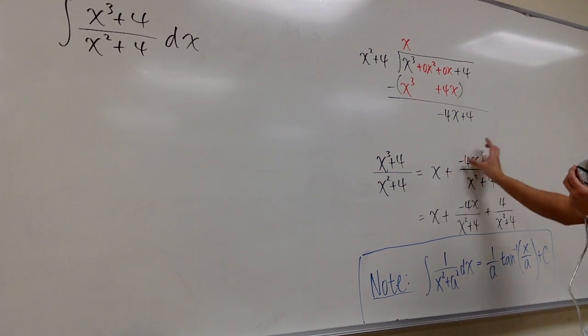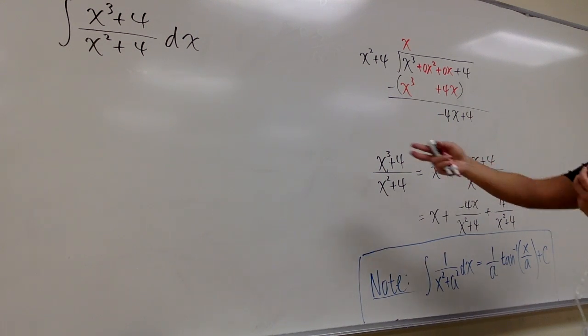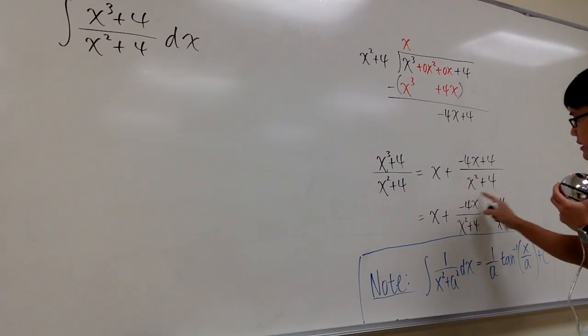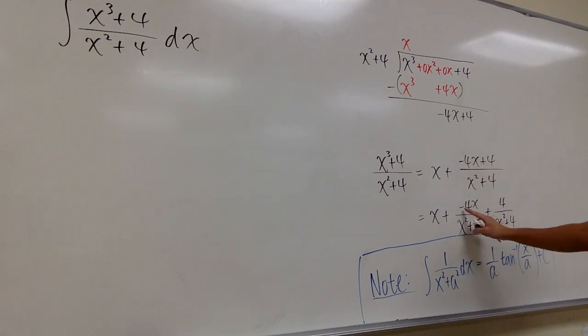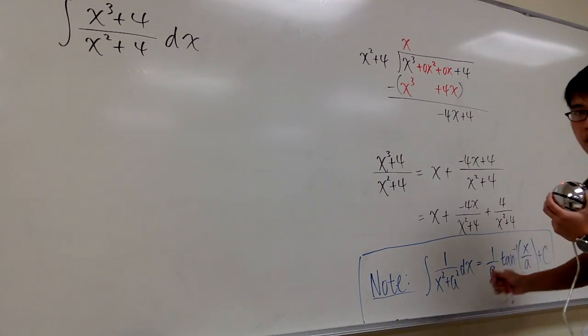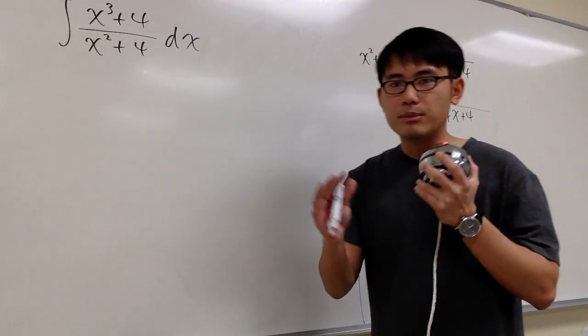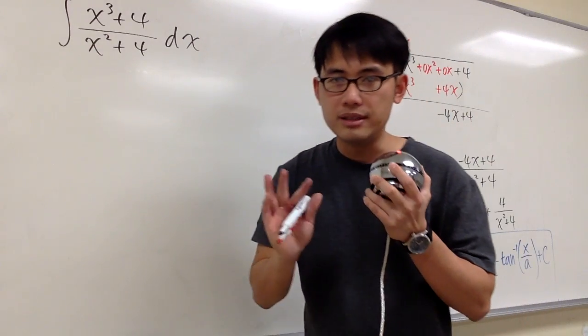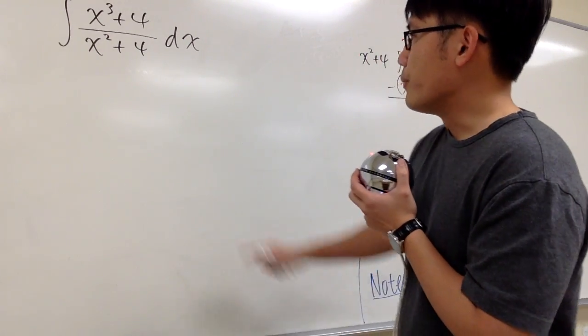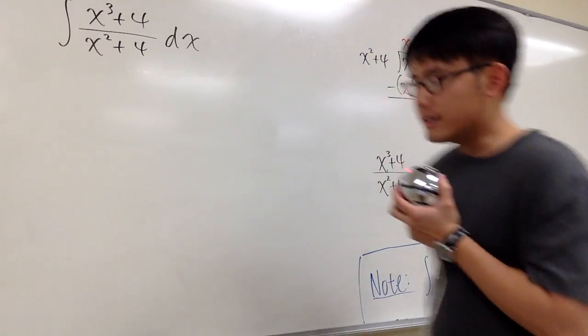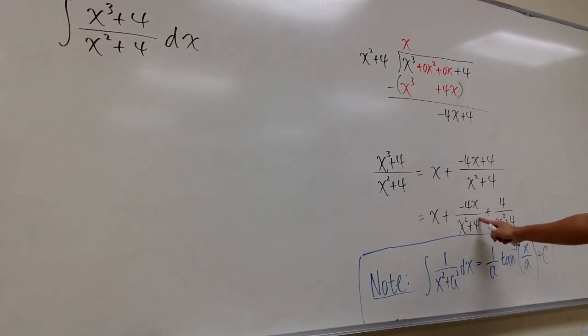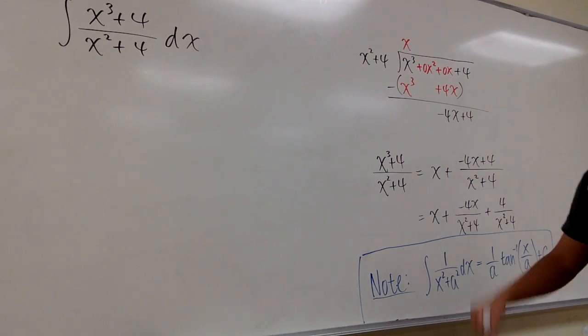To break this down further, because we have to integrate it, we can look at this as negative 4x over x squared plus 4, plus 4 over x squared plus 4. We are trying to break down the fractions as much as we can, and then each piece will be easy to integrate. So we integrate this, and that, and that, and then combine all the results.